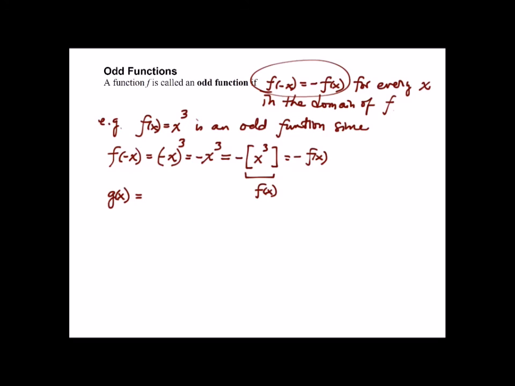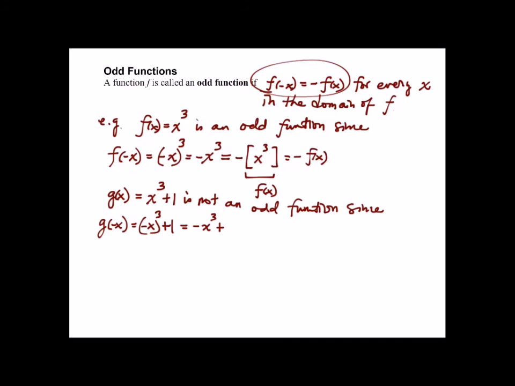On the other hand, the function g of x is equal to x cubed plus 1 is not an odd function, since g of negative x will be negative x quantity cubed plus 1, which gives me negative x cubed plus 1. And I can't really write this as the original x cubed plus 1 with the negative sign in front.